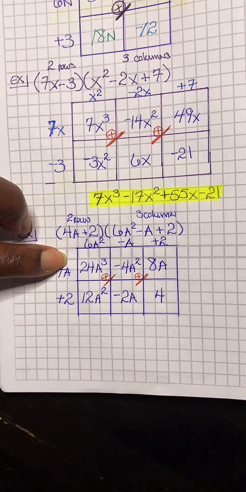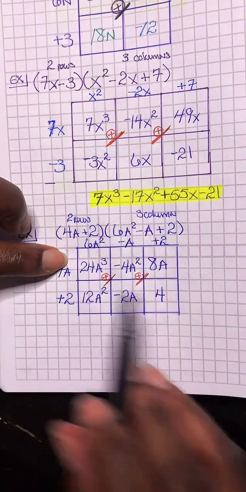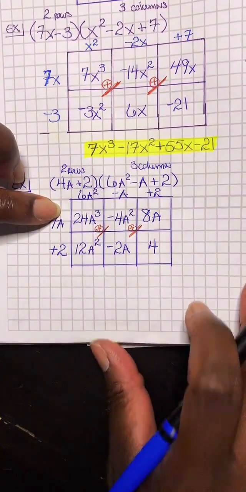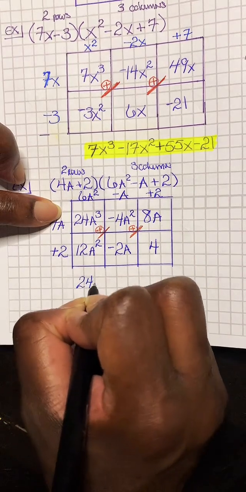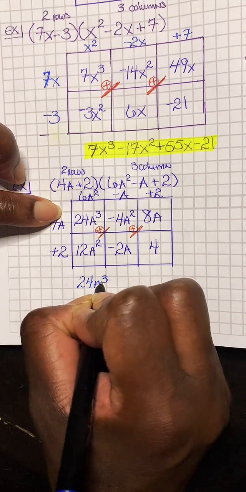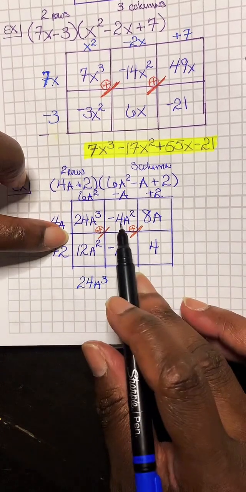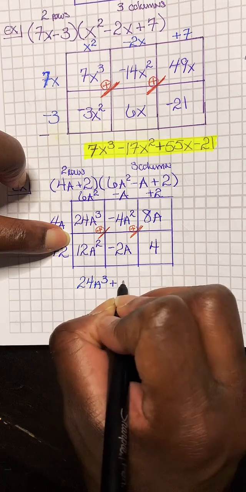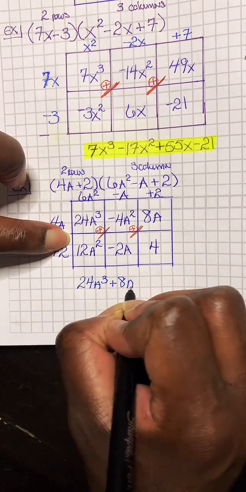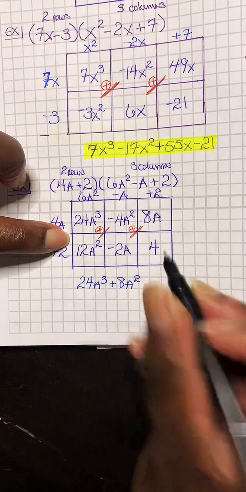We can add those together, and we basically have our answer. But all we have to do is start with the highest degree. So my highest degree, we have 24a cubed. Then we have negative 4 plus 12. That gives me a positive 8a squared.